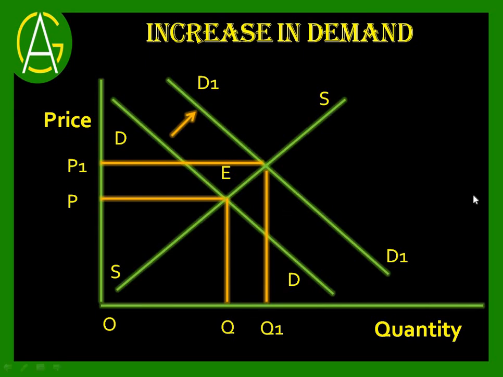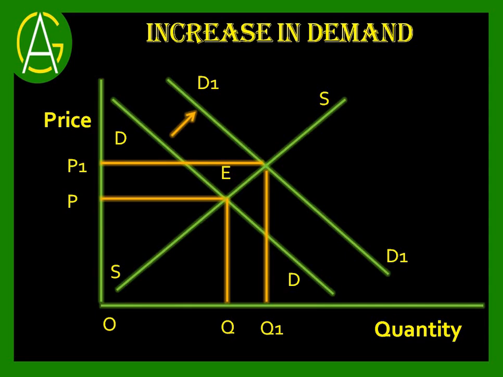Now what can be the question here? MCQ can be asked like this: suppose there is an increase in the demand and no change in supply, what will be the effect on equilibrium price and equilibrium quantity? The answer is very much simple.